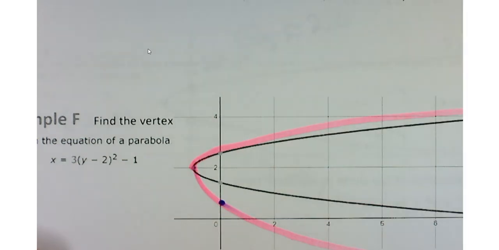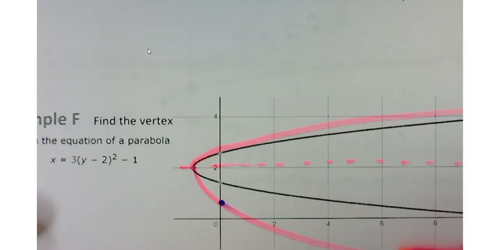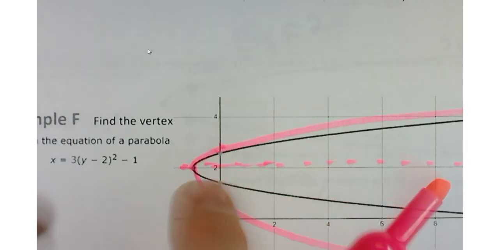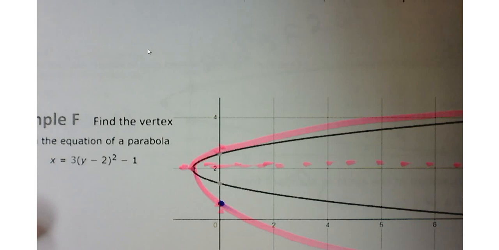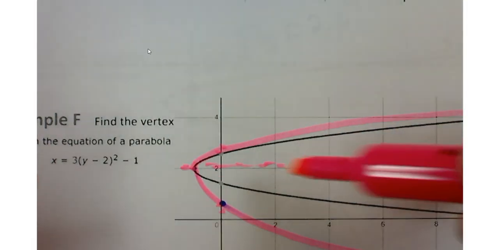And it doesn't look nice and symmetric. Keep in mind that these parabolas have a line of symmetry. So what's above this and what's below this should be symmetric. It is kind of a nice double check of your work that it does look nice and even, like this one or this one.